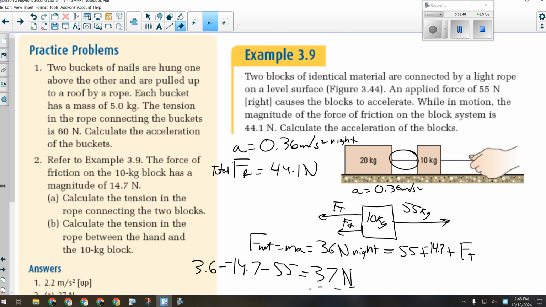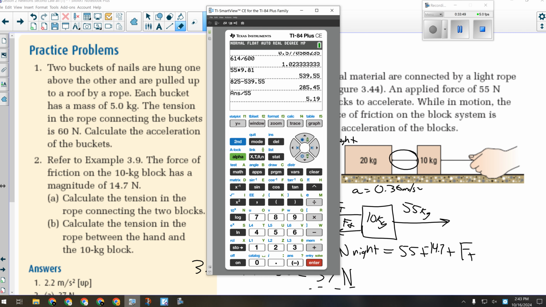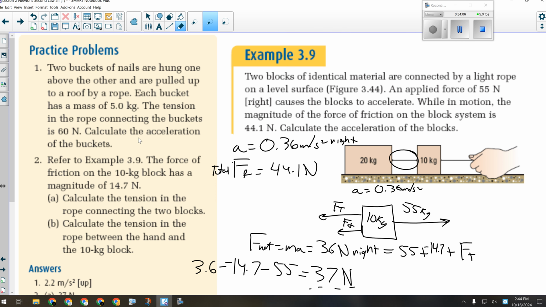If you do that on your calculator, it comes out negative, right? That makes sense. The force of friction is holding the 10 kilogram mass back. It's pulling backwards on it. Okay, and there would be my final answer.